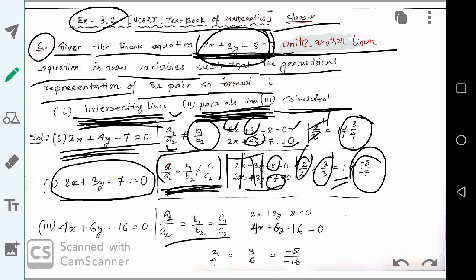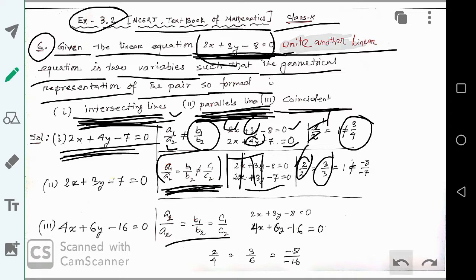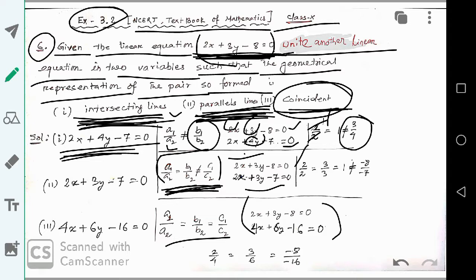Now, in order to be coincident, the pair of linear equations, that is the given equation and the next one that I have taken, must satisfy this condition: a1 by a2 is equal to b1 by b2 is equal to c1 by c2.